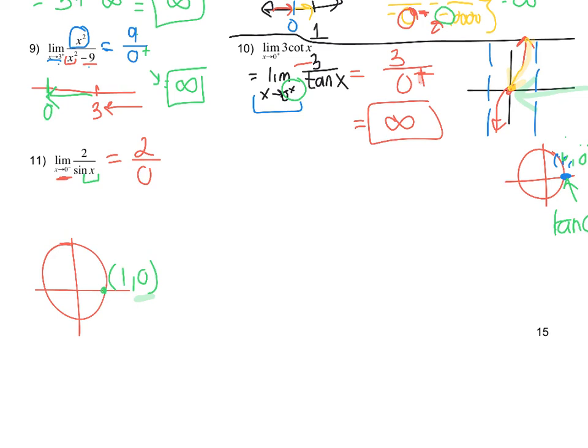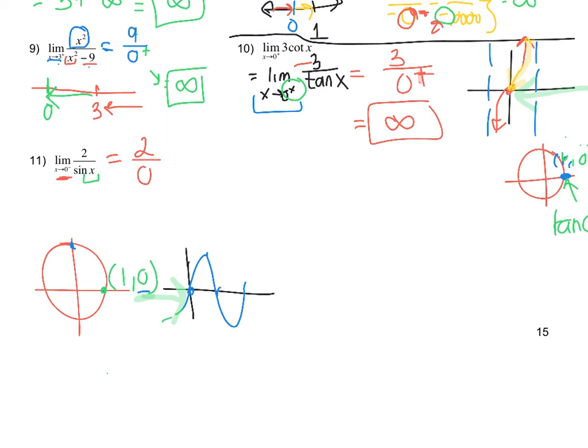This is where it might help you to think of the sketch of the actual graph of sine. If we're looking at the graph of sine, you remember that the sine of 0 is 0, sine of pi halves is 1, so we know the sine function does that. So when we're thinking about x approaching 0 from the left, that means we're coming from over here.